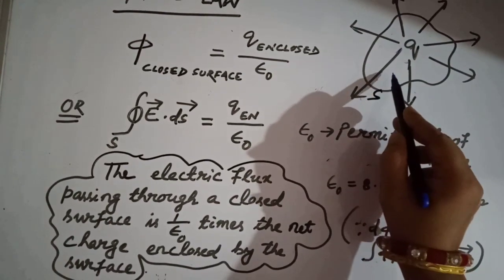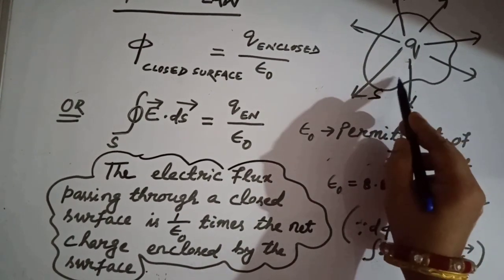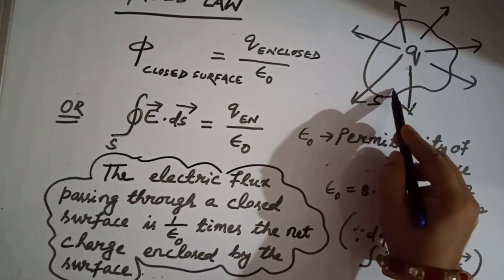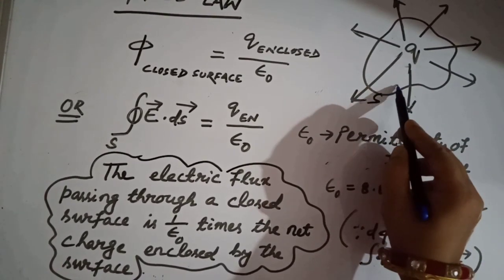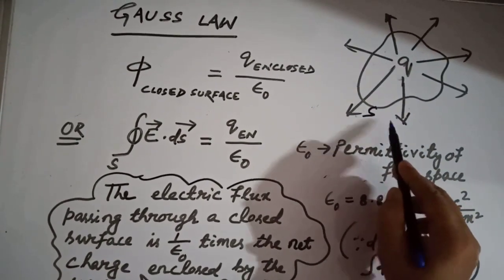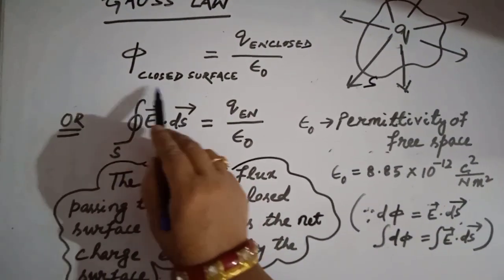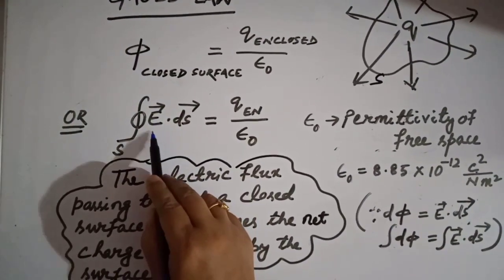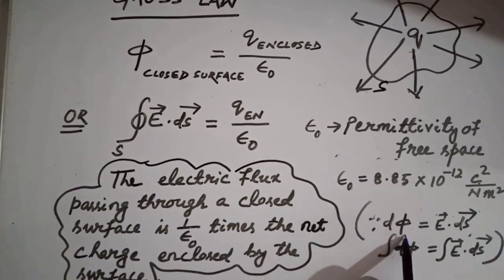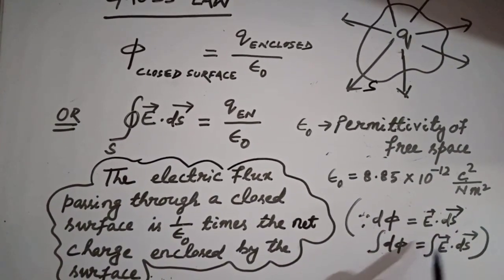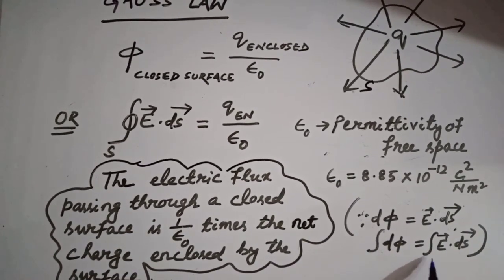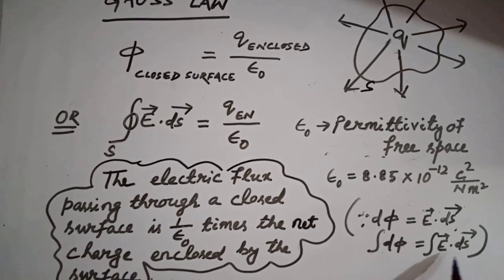If more charges are enclosed by this surface, Q1, Q2, Q3, then the flux through this surface will be Q1 plus Q2 plus Q3 divided by epsilon naught. In other words, phi can also be written as integration of E dot ds. Since d phi is equal to E dot ds, phi is equal to integration of d phi, that is equal to integration of E dot ds.